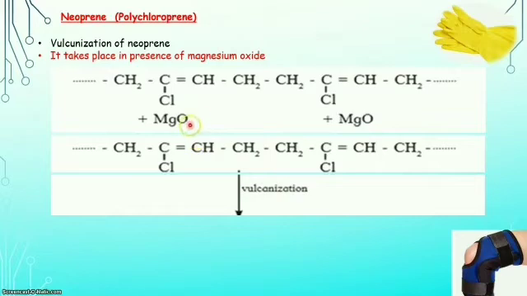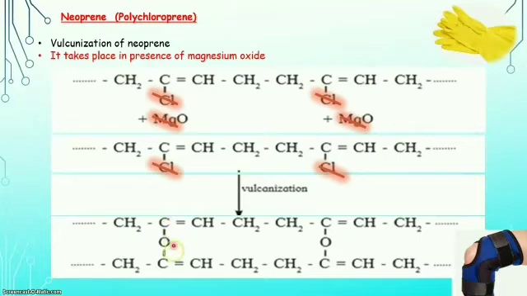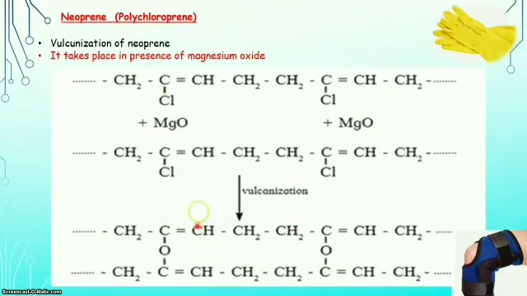As magnesium oxide is chlorine acceptor, so chlorine atoms which are bonded to the neoprene units will be taken out by magnesium oxide, and both the polymeric chain of neoprene polymer will be linked together by oxygen. So you can observe here both the polymeric chain here are linked together by oxygen atom. This is what the vulcanization of neoprene.